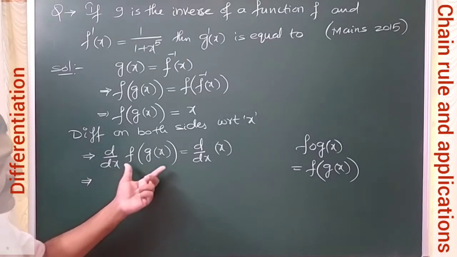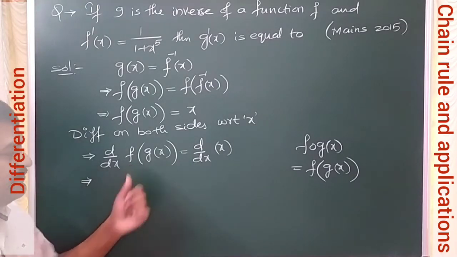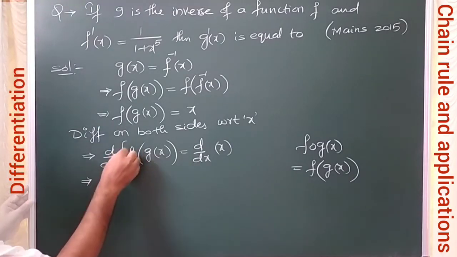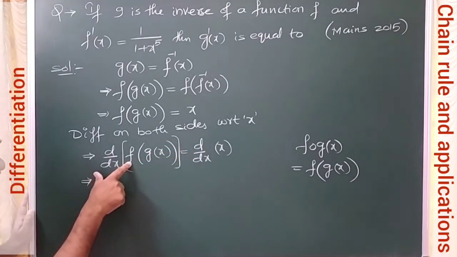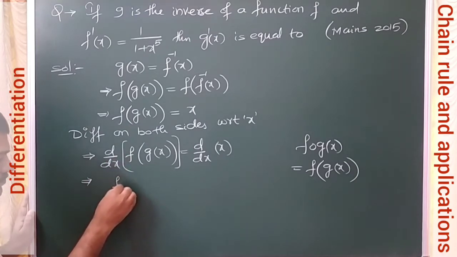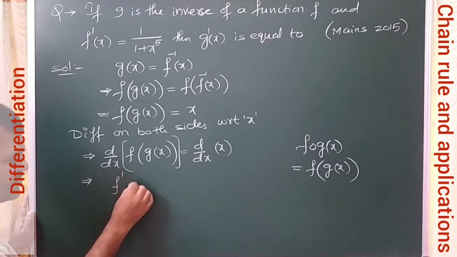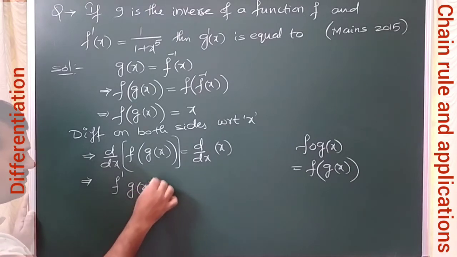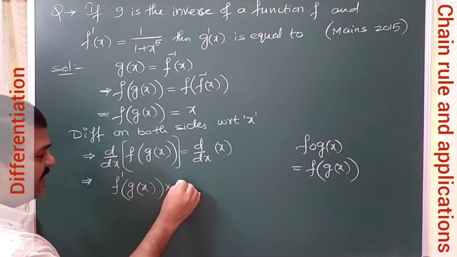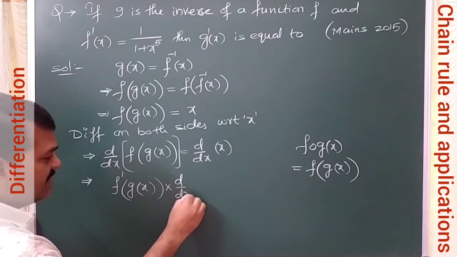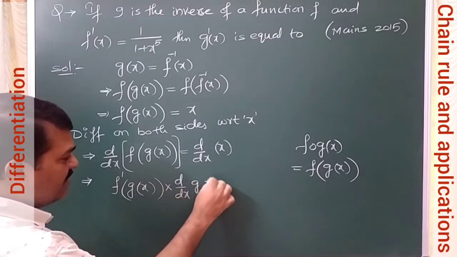So this we have already discussed how to differentiate. d by dx of f of g of x means first we have to write external function derivative, f dash of g of x, and after that we will write internal function derivative, that is d by dx of g of x.